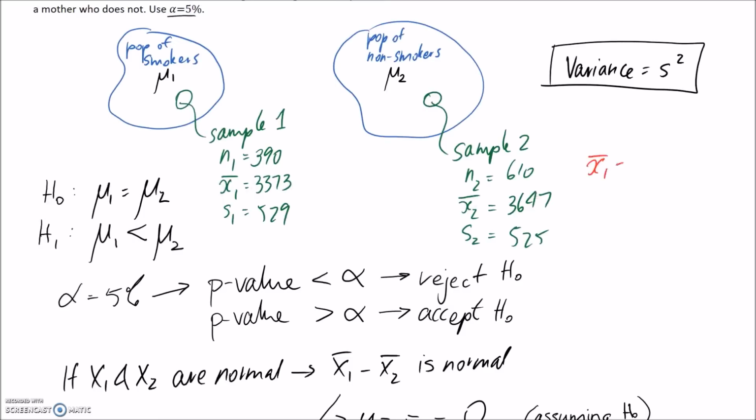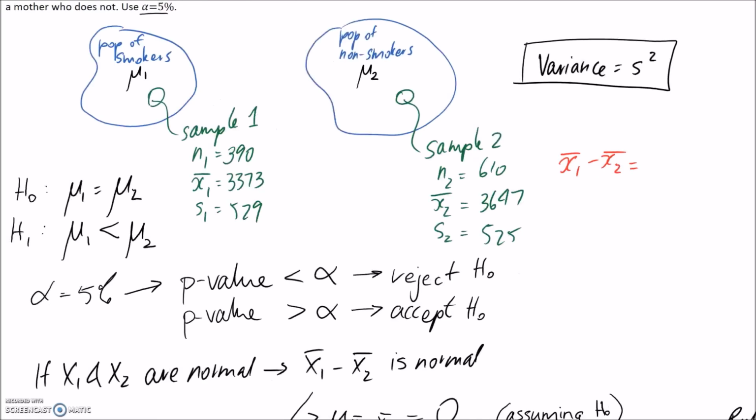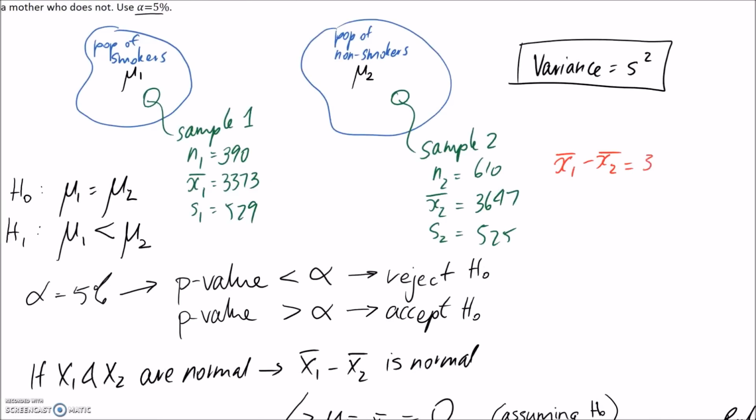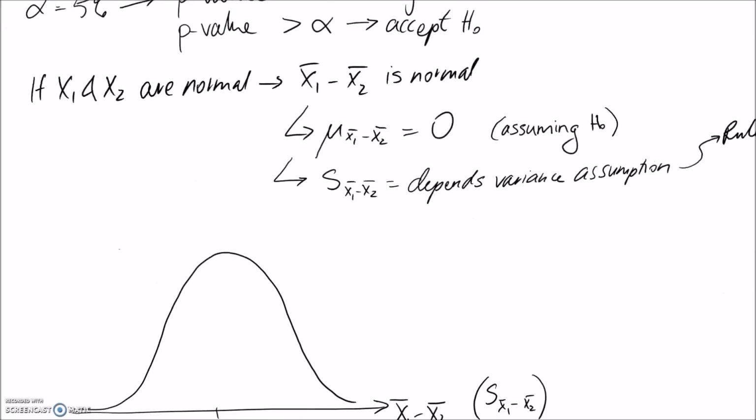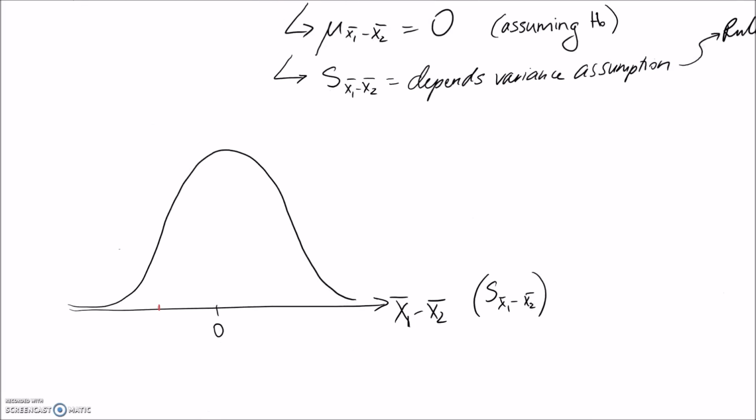So x1 bar minus x2 bar from the data that we have got. So that's going to be this 3373 minus this one. That gives us negative 273.7. So if we pop down here, this is 0, we're on this side of it, negative 273.7.